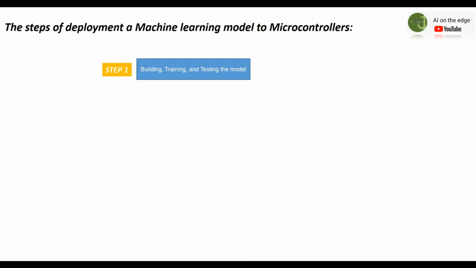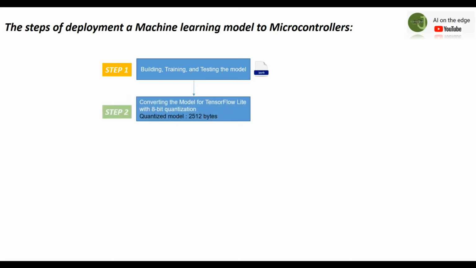Because we need a powerful GPU and CPU in the training and testing stage. Once we train our model and we reach the accuracy which is expected from the model, we need to convert the model to TensorFlow Lite. So we will convert the model with TensorFlow Lite with 8-bit quantization.